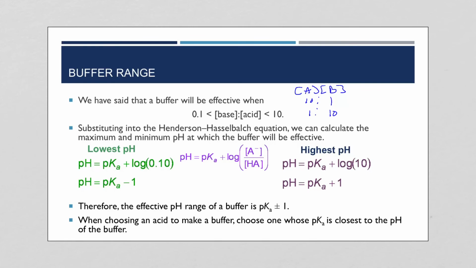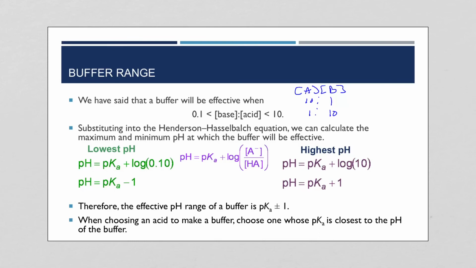If I use the other extreme and I have 10 times as much base as I have acid, that gives me this expression, and I get the pH equals the pKa of the acid plus 1.